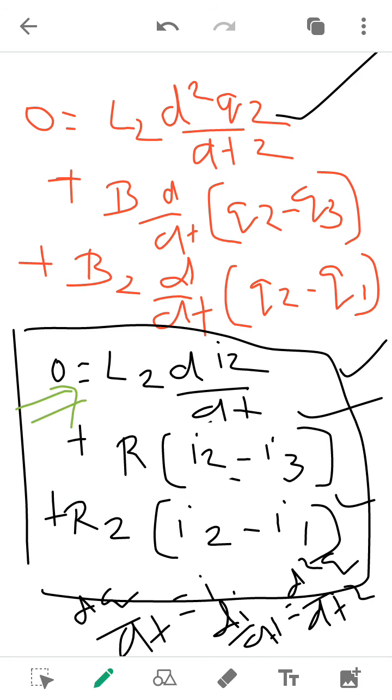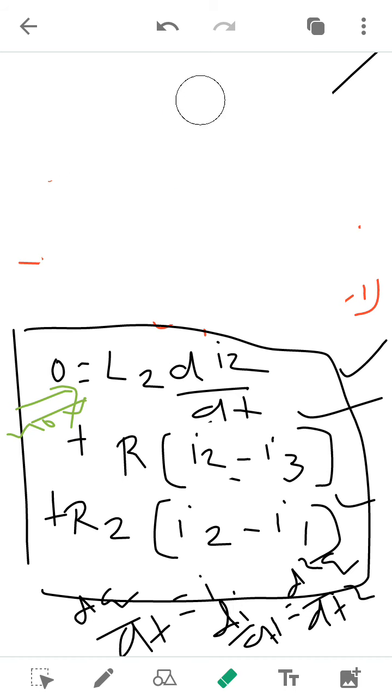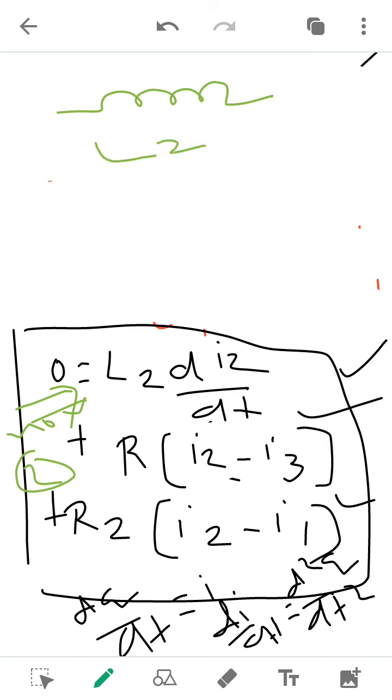And as you can refer, on this side, no voltage source is there, it is 0. Let us draw the circuit for this case. So this is your second mesh that you are dealing with, for which one L2 is there, and R is common between the second and the third mesh.